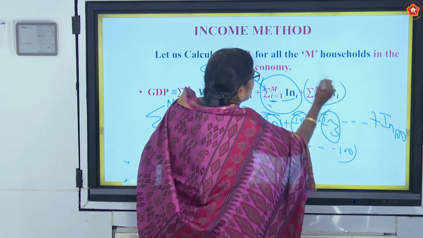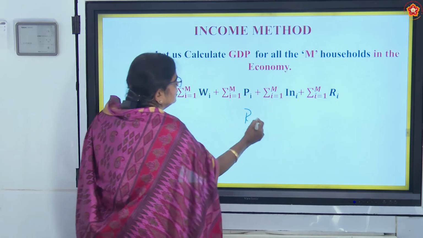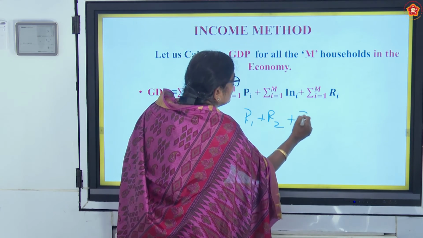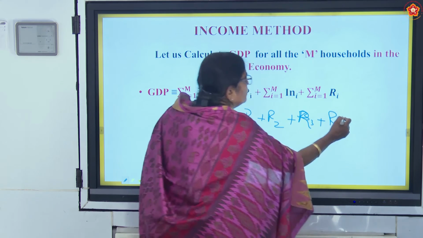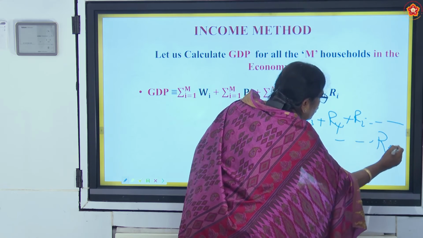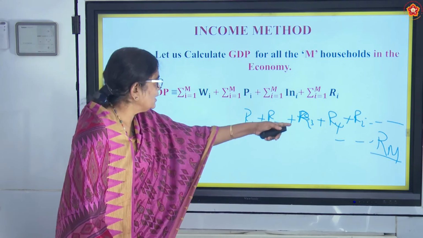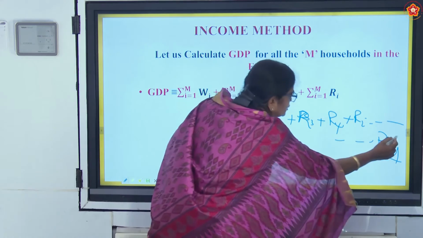Then the last one, the rent. Again the same: R1, R2, R3, R4 plus Ri, up to R of all the M households. The rent earned: how to sum this up?